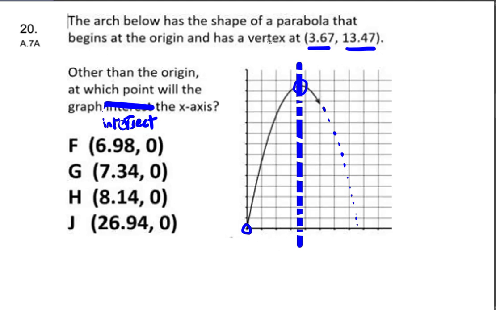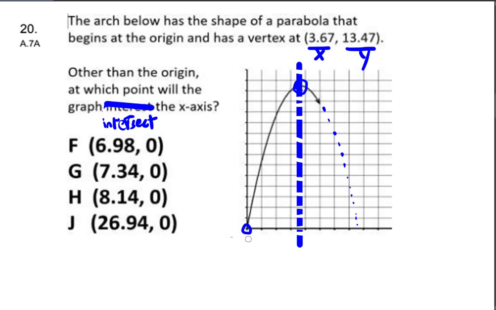Well, then let's think to ourselves for just a second. If this is my vertex and the vertex point is 3.67, 13.47, what we're saying is that this is the x value and this is the y value of that coordinate of the vertex, right here.